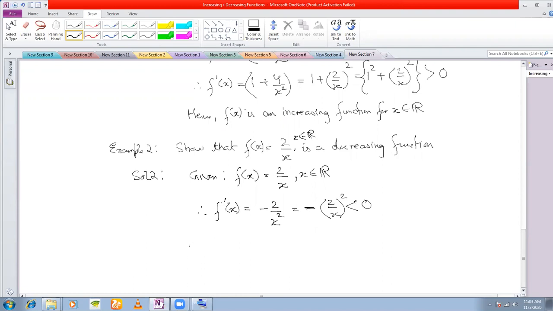So we see that hence f(x) is a decreasing function for x belongs to R. Clear? This is how we check with the help of derivatives how a function is increasing or decreasing.